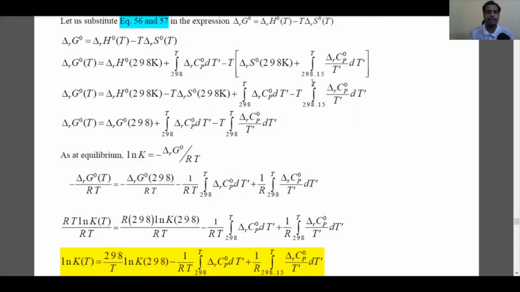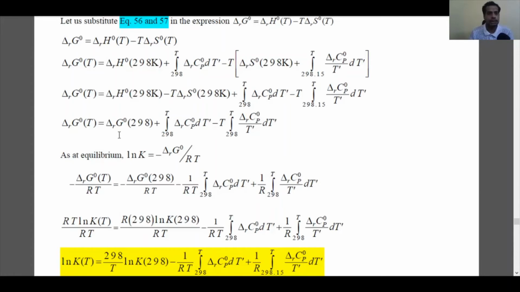If I rearrange them, the first term remains the same and I bring the third term next to the second term. So this first and second term becomes delta R G0, the reaction Gibbs energy at standard state at 298 Kelvin.